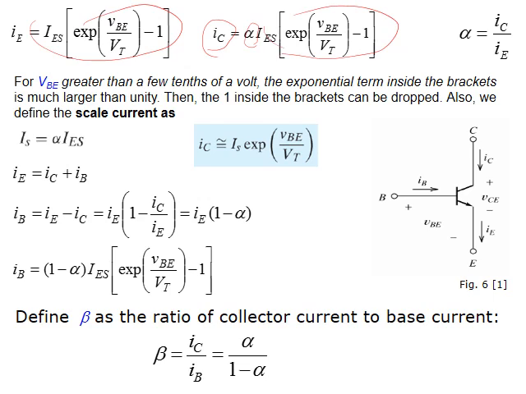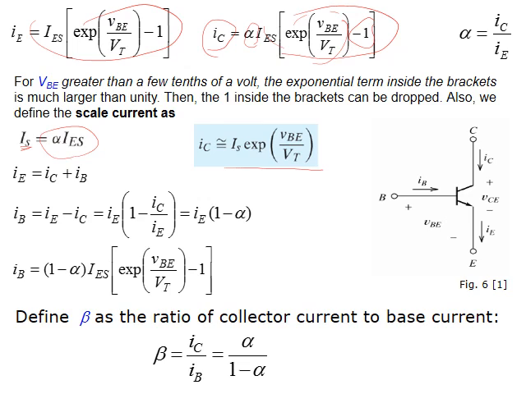Now V base emitter, as usual, we equate to 0.7, and if we assume that the minus 1 can be ignored because it is small compared with this part, then this is the approximate formula. And IS equals alpha ISE. Now have a look here.